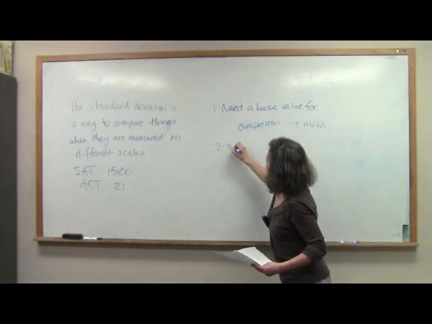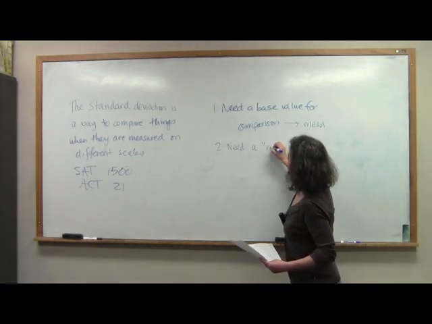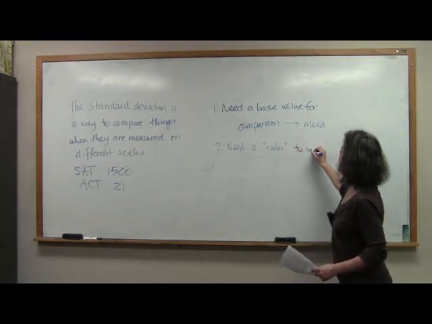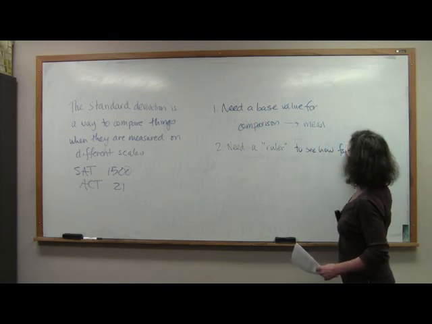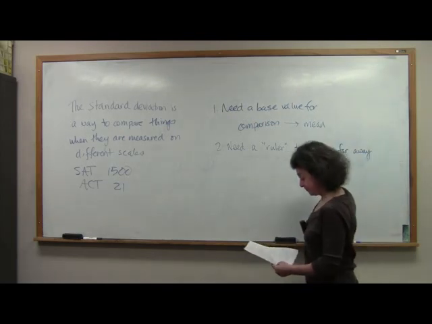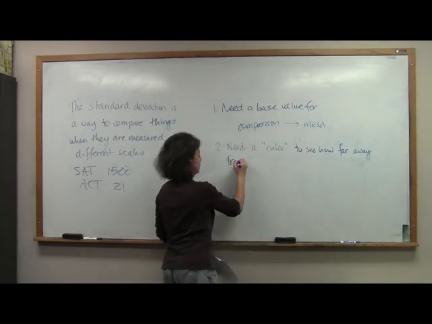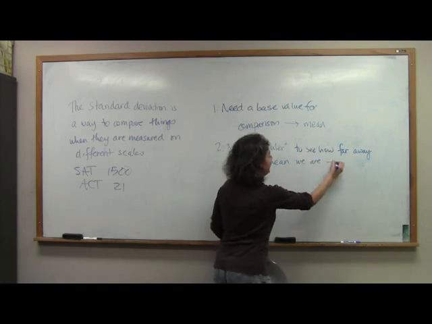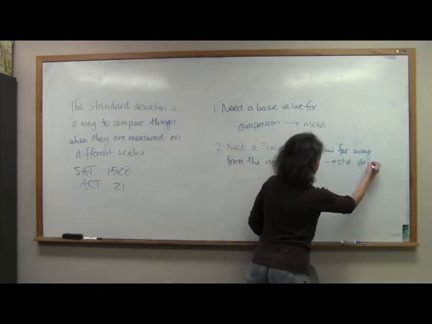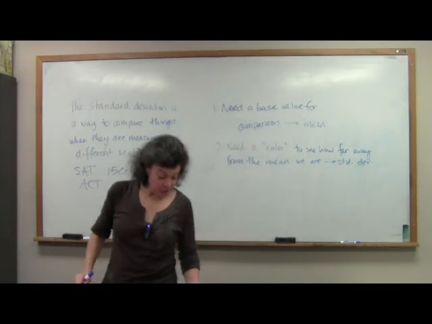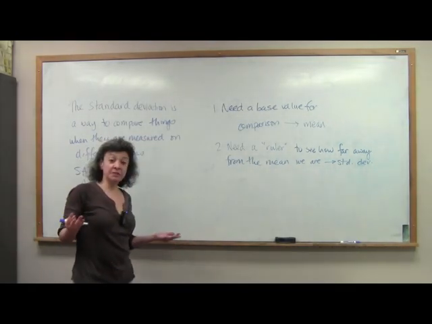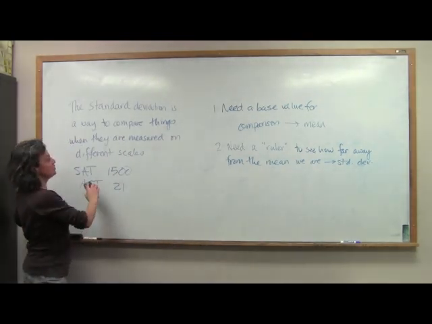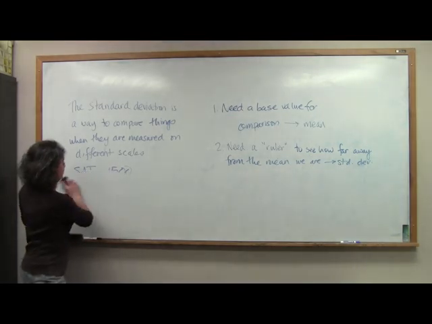In other words, what we need is a ruler, essentially, to see how far away from the mean we are. And that is where we use our standard deviation. So when we start using our standard deviation as a unit of measurement, we call them z-scores.